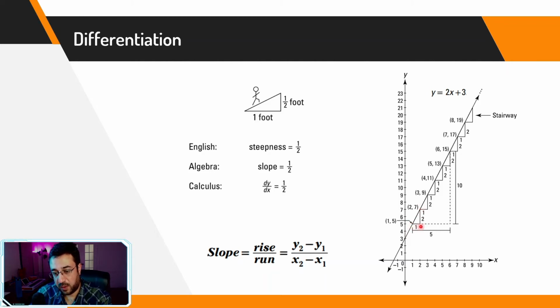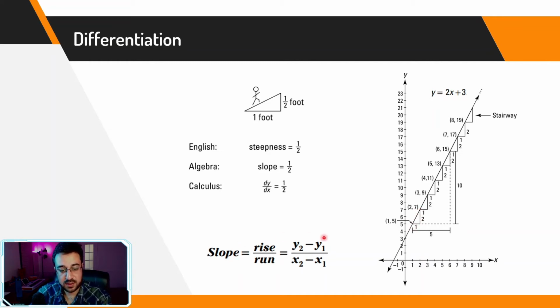As you're moving 1 unit on the x-axis, you are moving 2 units on the y-axis to reach the point (2, 7). In this case, what is your slope? You're moving 1 on the run and 2 on the rise. 2 over 1 gives you a slope of 2.